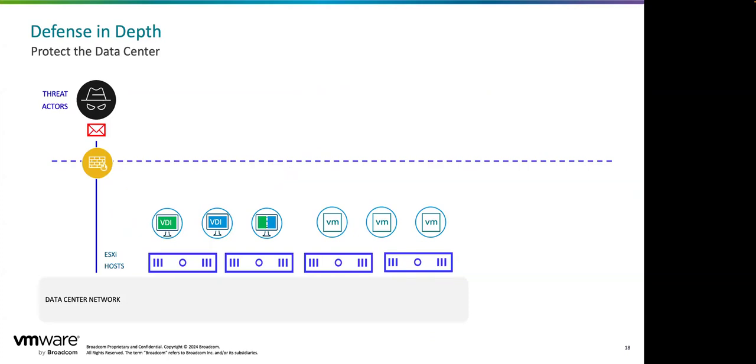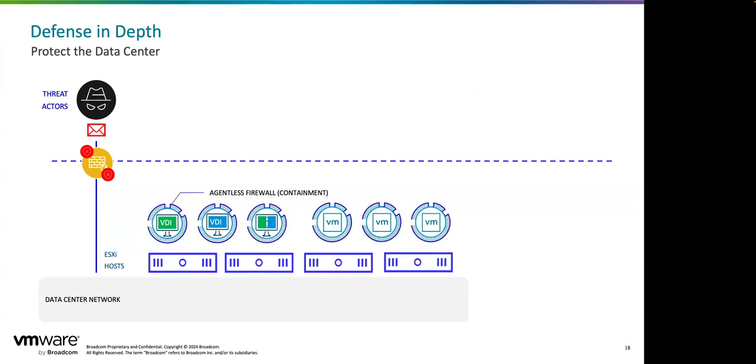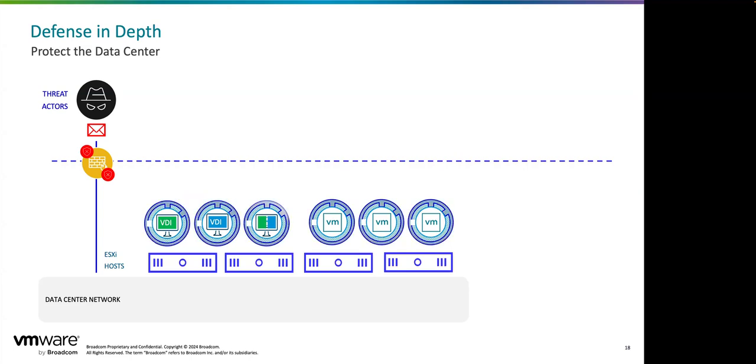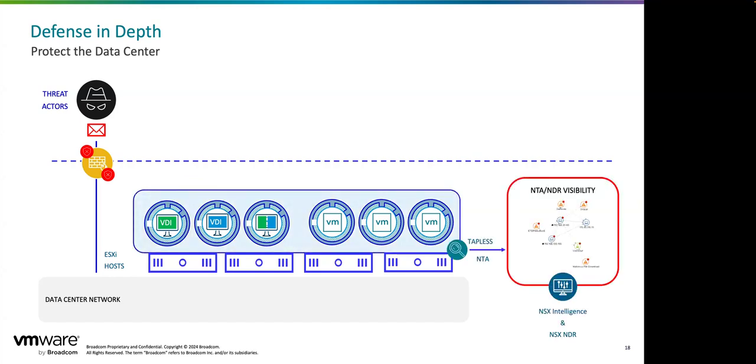Now, this defense in depth to protect the data center, if we walk through the attack chain again, and we're wrapping all of our workloads with this agentless firewall, and we have attackers that are trying to use known attack methods, yet we are wrapped with our IDS IPS and our network visibility, we can find that there is very strong mitigation against what attackers want to do.